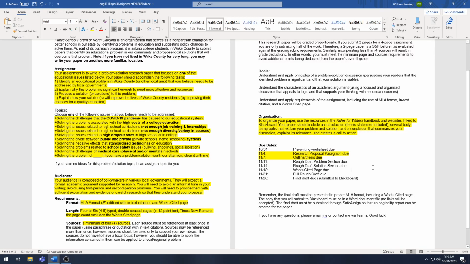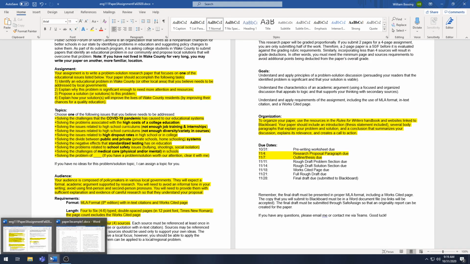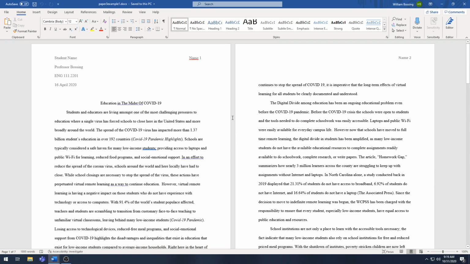Okay, that's about all I've got about the assignment. Again, maybe that was all very apparent when you read through this, but I think it's important just to highlight some things. The other thing I wanted to point out, and you can read this on your own, here's one of the examples. This is the first example of a paper that got an A last semester.